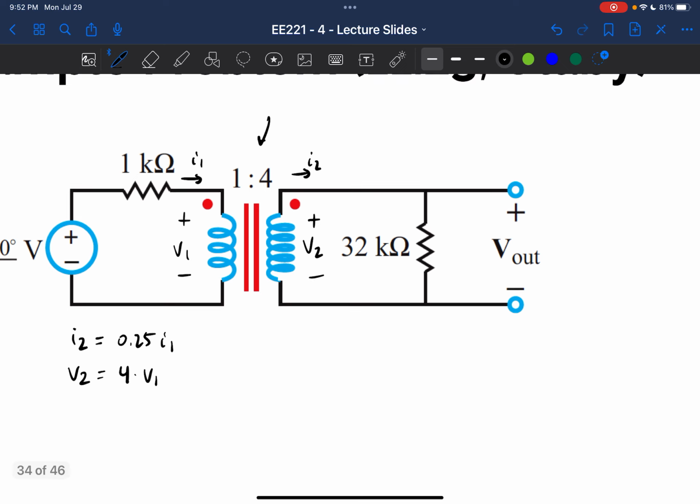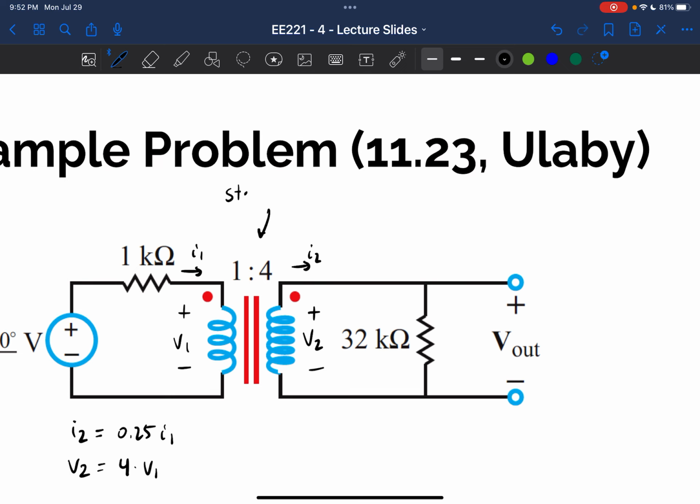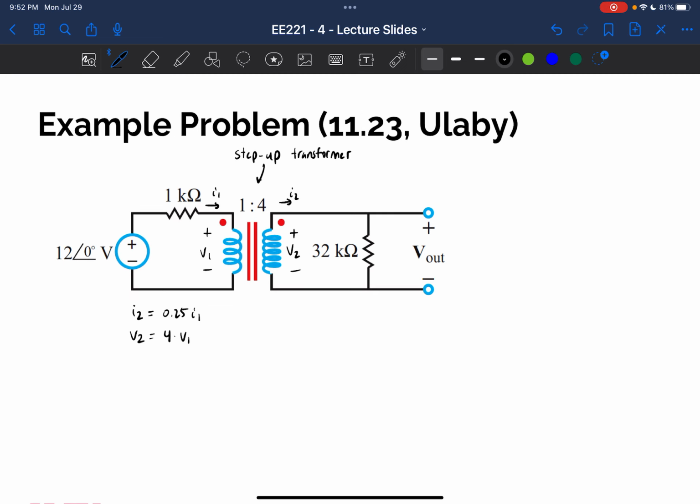Again, it's called a step-up transformer because it's stepping up the voltage. Typically, I'll just say transformer. Typically, we don't say step-up transformer based on anything other than the voltage. This turns ratio is always characterizing the voltage step-up or the voltage step-down of the transformer, and then the current is just the opposite.